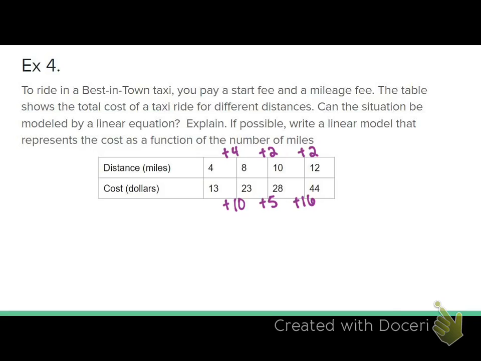So, we would want to compare the cost to the distance, because remember, when we make a table, it's input or x over y, so we want to compare the change in the y's to the change in the x's, and we can just line them up. So if I do y over x, my first fraction would be what over what?